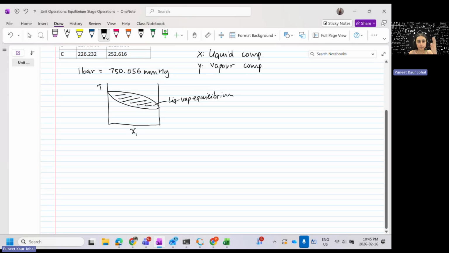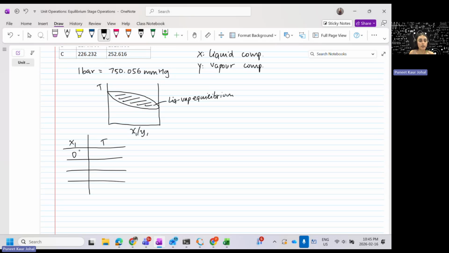To make a plot such as this, the xyT diagram, I'm hoping to end up with a data table that gives me T values at different mole fractions of, let's say, 0, 0.2, 0.4, 0.6, 0.8, 1, and so on.